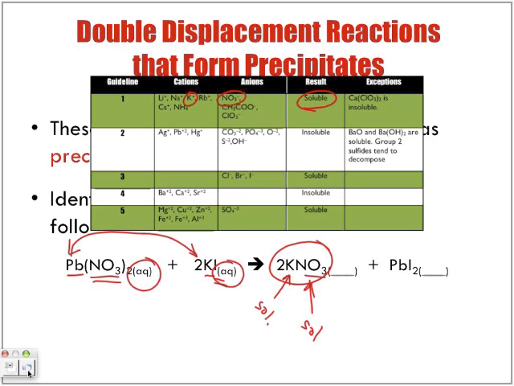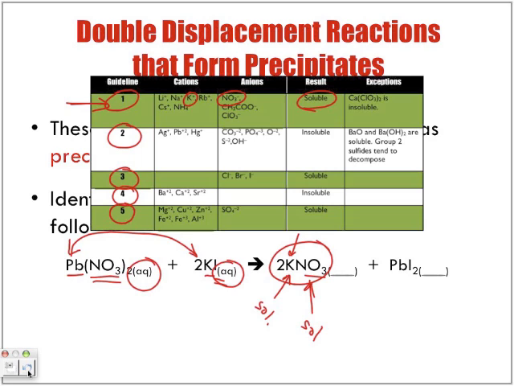But not only that, what would have happened if one of them was insoluble? Well, the next step would be to look at the guideline. The higher the guideline, that's the one that's going to overpower any of the lower guidelines. But since they're both in guideline number 1, it didn't really matter. If we had something else in here with nitrate, the nitrate still would have overpowered whatever the other guideline would have been if it included any one of these lower ones.